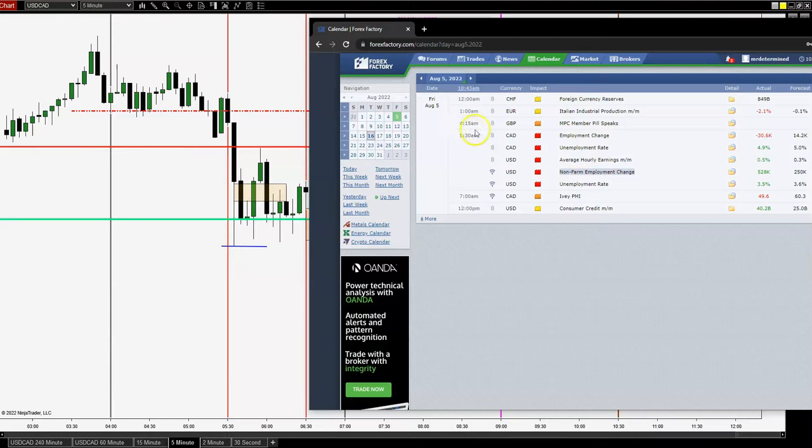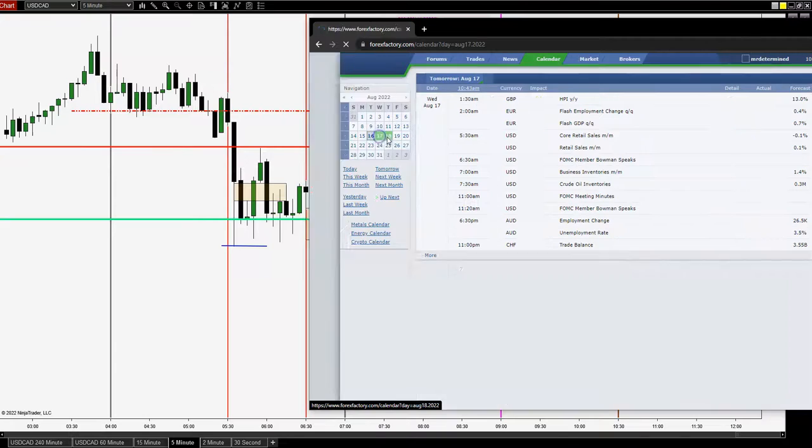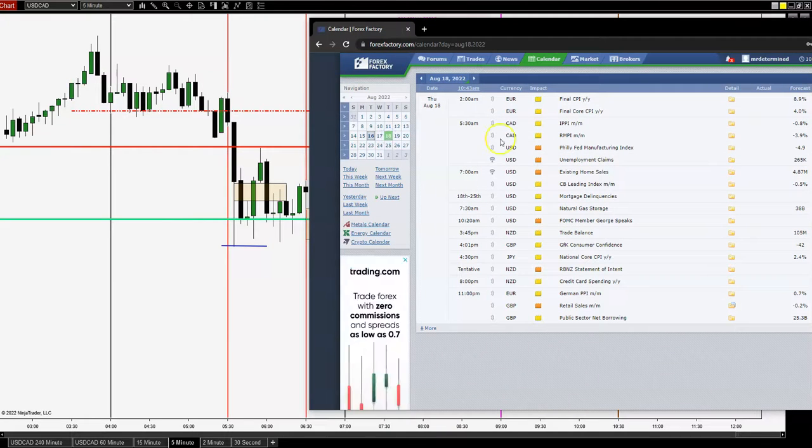I know ICT has talked about these days, and he doesn't trade them. He mentions that if you have not placed a trade from Monday through Wednesday, then Thursday and Friday, just don't do anything. I still like to trade Thursday or Friday because there's still news during those times, and it's not very big news. If you look at Thursday the 18th, you've got Philly Fed and unemployment.